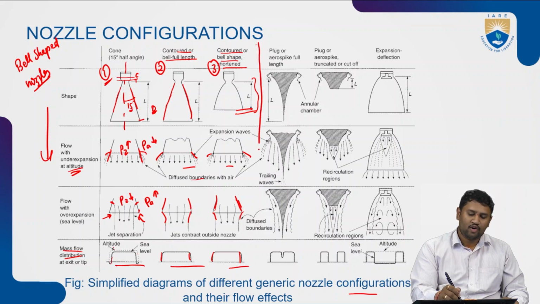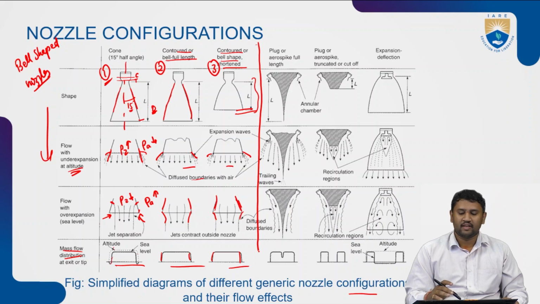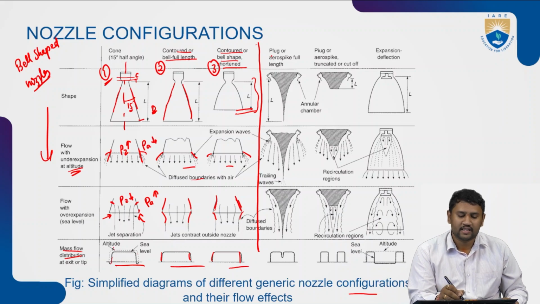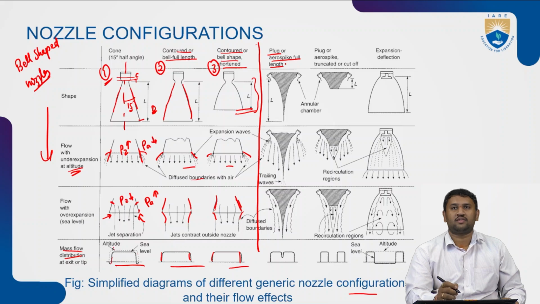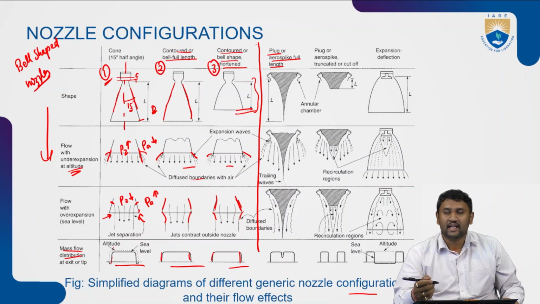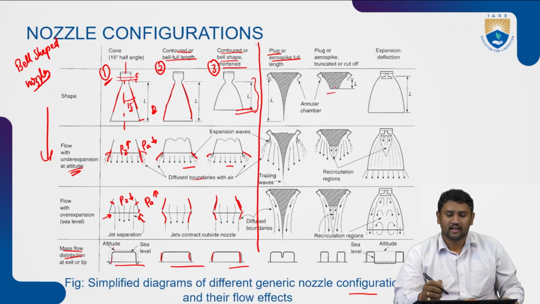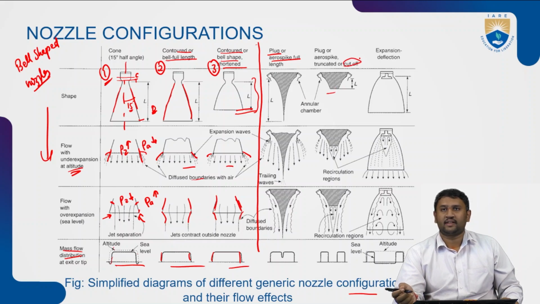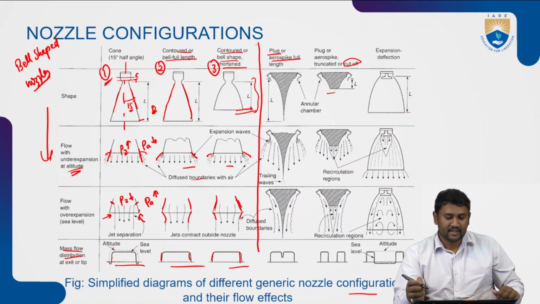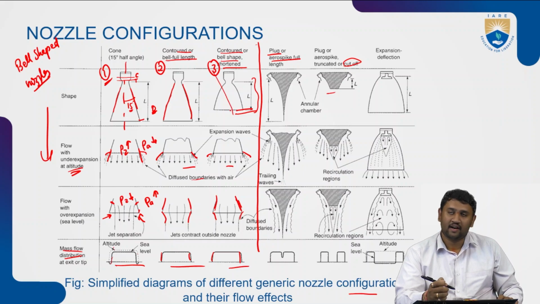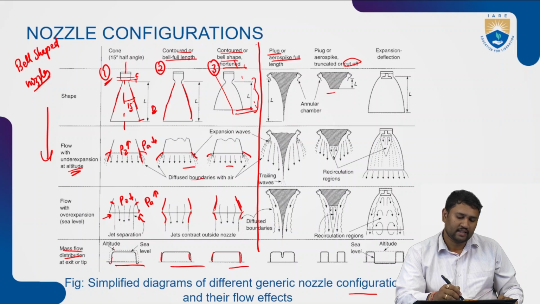Now, a small modification out of this is our next, also called plug or aerospike nozzle. Now, in this there are separate variations, which is either complete length or truncated. Right? Now, in this what happens is basically, if the same nozzle is being cut into half and mirrored along the other side, right, what will we be getting?